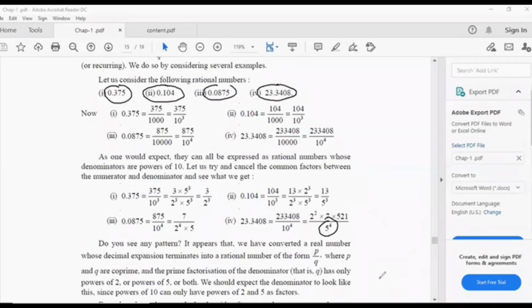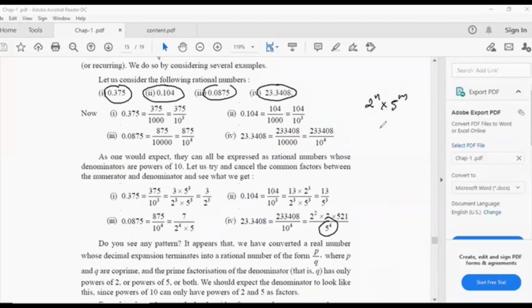So we are simplifying those fractions. In some cases, if the numerator has some common factor with the denominator, we can simplify them. We'll reach only the form 2 raised to n into 5 raised to m.